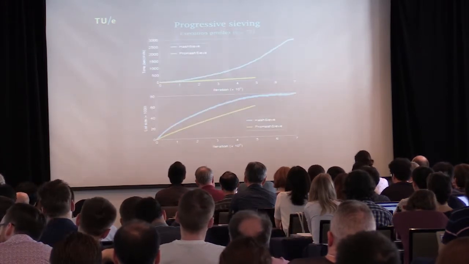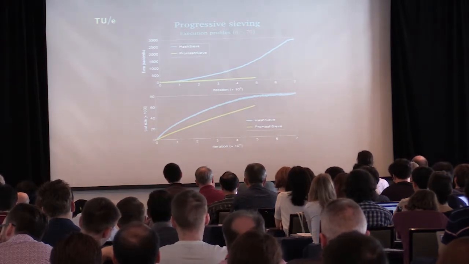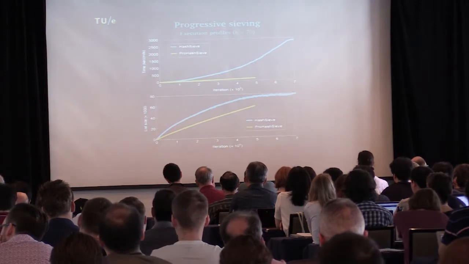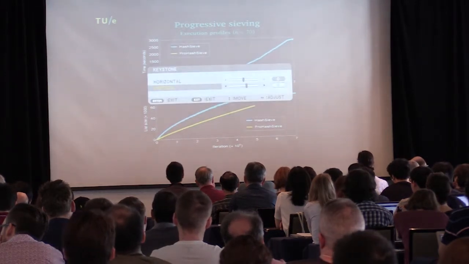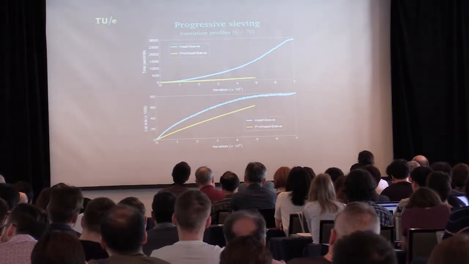Okay, so just some idea of what is happening. So here, the top figure, you can see the time per iteration, where an iteration consists of taking a vector and trying to reduce it with the other vectors.